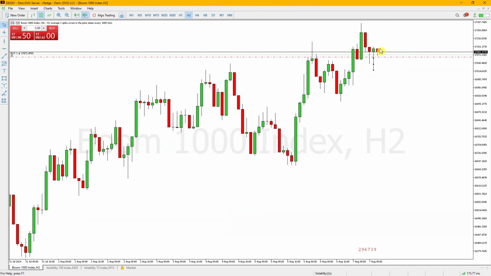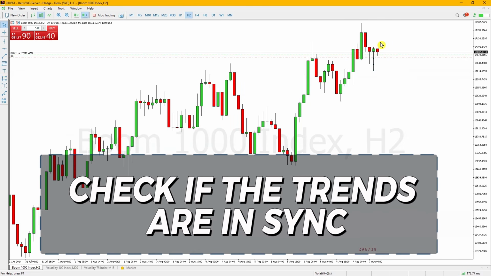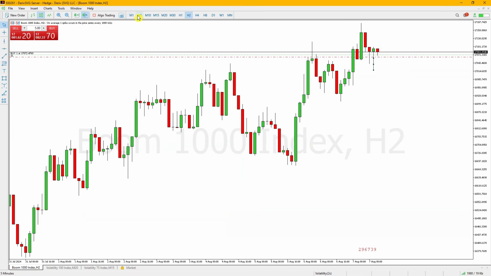There's a chance that we might actually go up, right? So I also look at what the higher time frame is doing, the higher trend. If the higher trend is saying uptrend, I might decide to actually capitalize on spikes like I did.